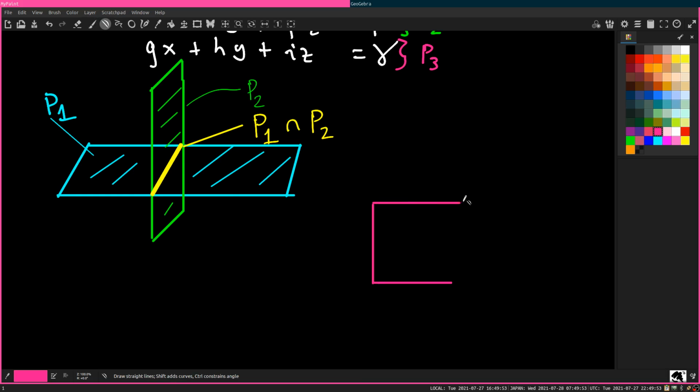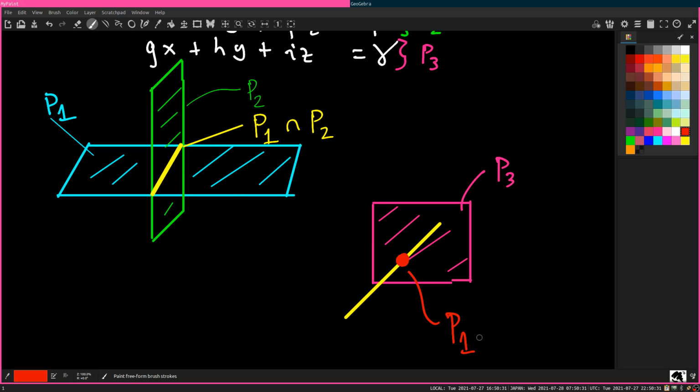Sorry. I'm getting much better at using the drawing program, though. And then this is P3. And where's yellow? And then this is going to meet, so the meet of the plane and the line, that's going to be a single point, which in other words is P1 intersect P2 intersect P3.